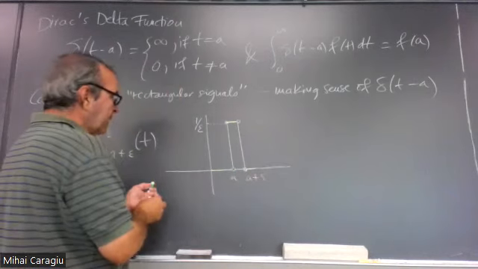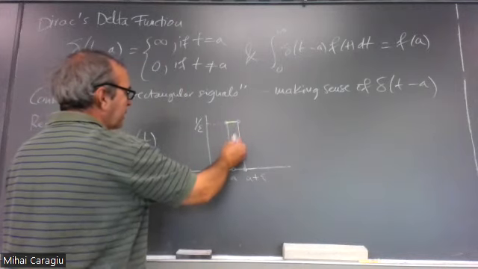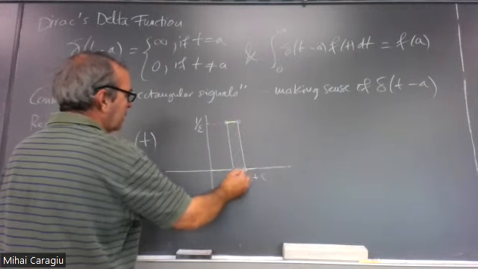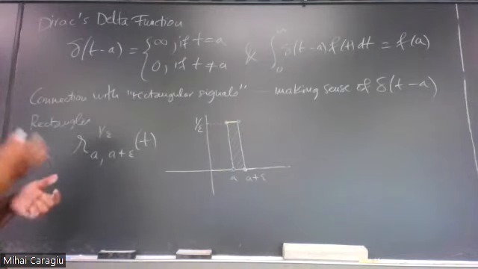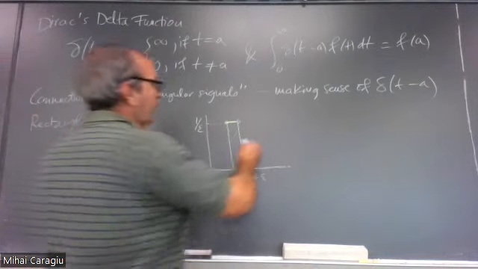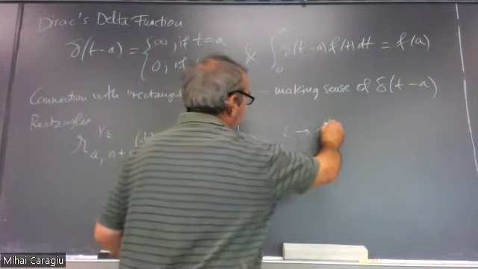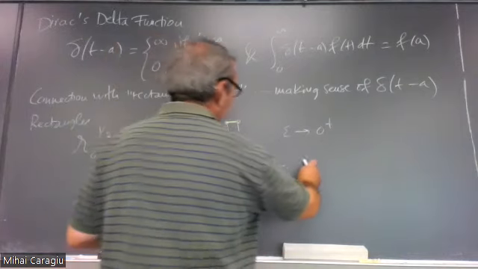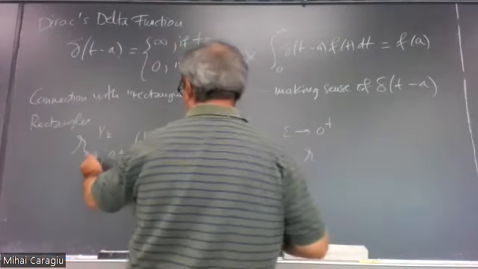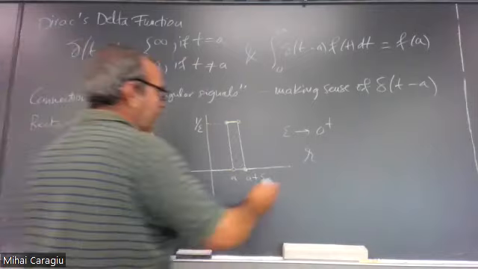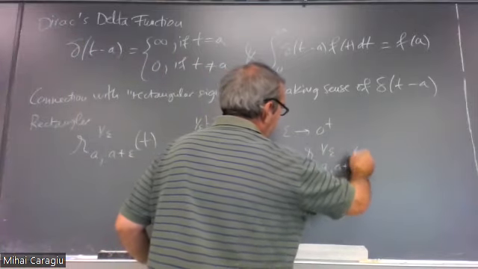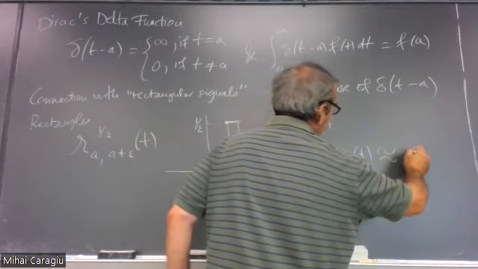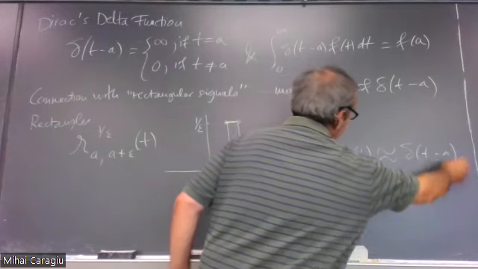So this is a rectangular signal. When epsilon approaches 0, we get better and better approximation of the delta function. So when epsilon approaches 0 plus, the rectangular signal from a to a plus epsilon with height 1 over epsilon gets closer and closer to delta of t minus a.